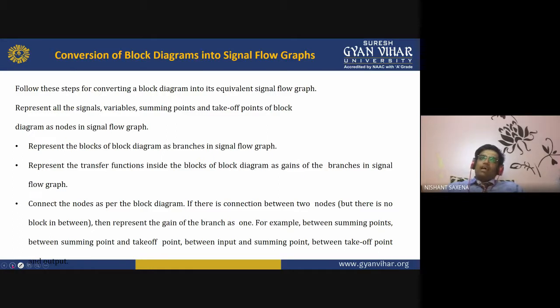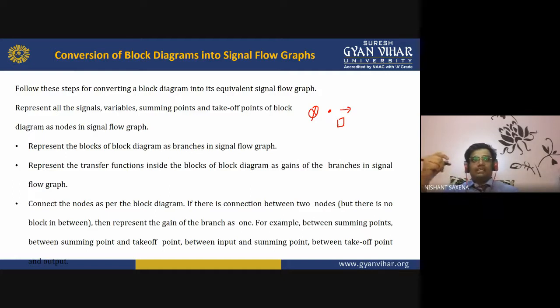First, we have to represent all the signals, variables, summing points, and take-off points of the block diagram as nodes in the signal flow graph.